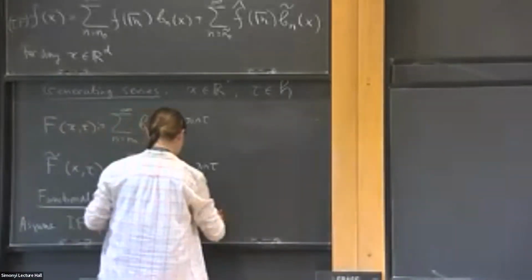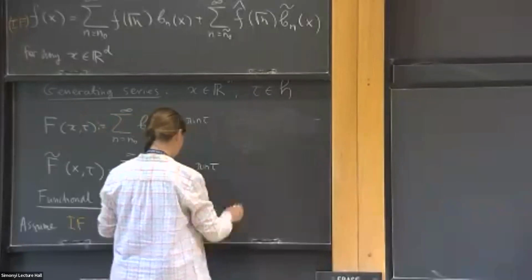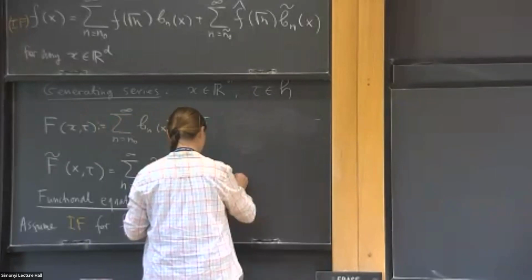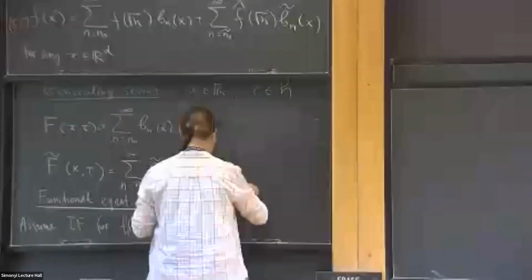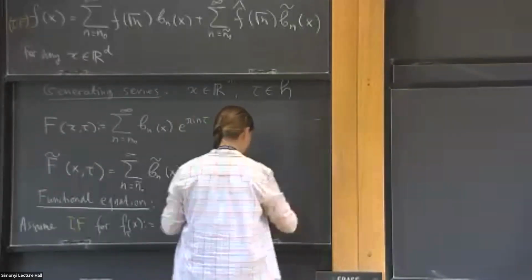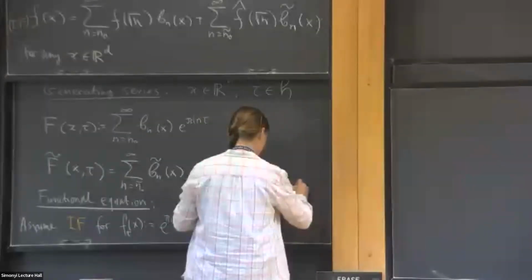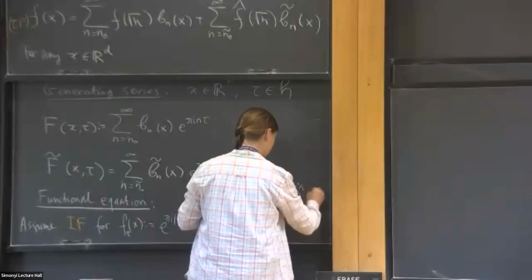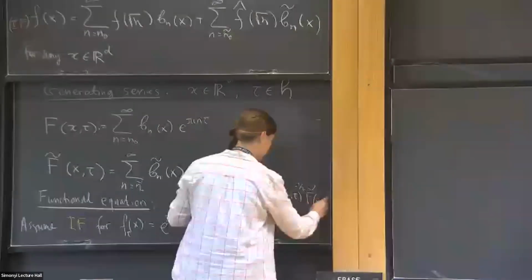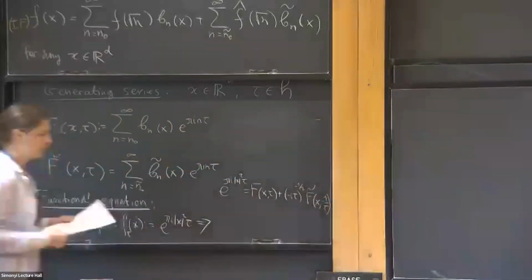From here we can see the following functional equation: e to the i pi x squared tau equals F of x, tau plus F tilde multiplied by this automorphic factor of minus 1 over tau.